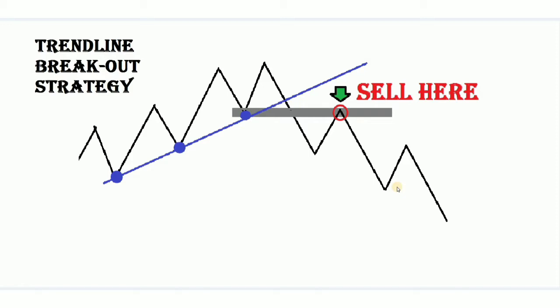The second thing you need to know is how to draw support and resistance levels. These are levels where price has tested, just like this level. If you look here, price has tested here and came back up.